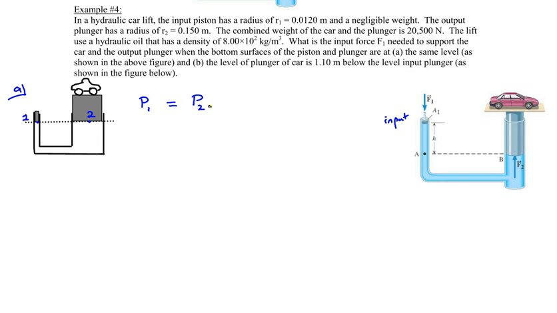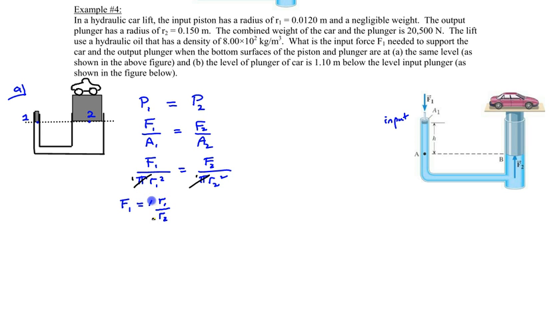So pressure 1 and pressure 2 are the same. The ratio of force per area, F1 over A1, is the same as F2 over A2. Substituting in our area as pi r1 squared, F1 over pi r1 squared equals F2 over pi r2 squared. The pi's cancel out, and F1 equals (r1 divided by r2) quantity squared times F2. Let's substitute in now.